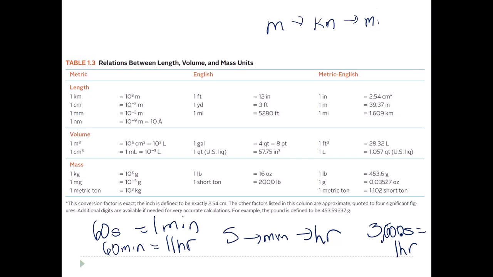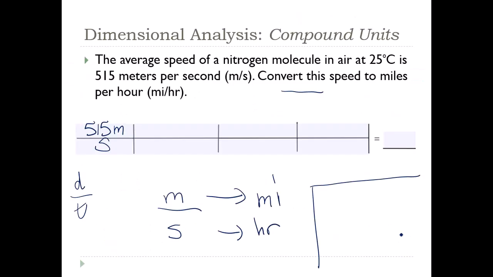Okay, so I want to go from meters to kilometers, and you may have used a different set of conversion factors. That's fine. It just may have an impact on sig figs, depending on the conversion factors that you used.